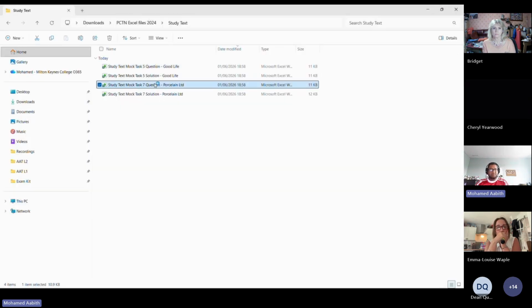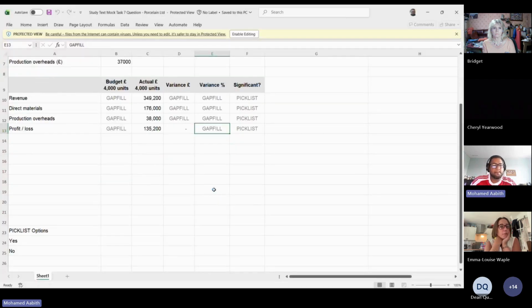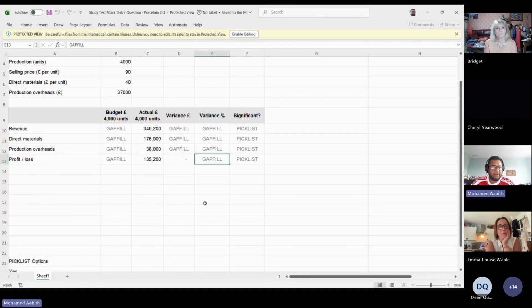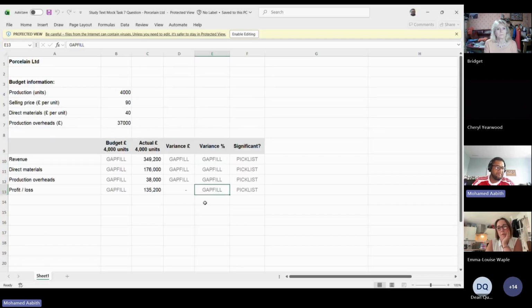And then the last but not least, before we go to the exam style questions, we have, again, a similar kind of question we have done now, where we have to choose yes or no on the significant or non-significant list. Let's fill these boxes out quickly, because now we have budgeted figures of 4,000 units.